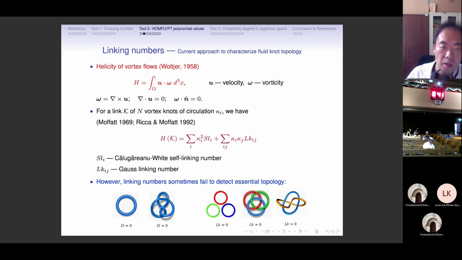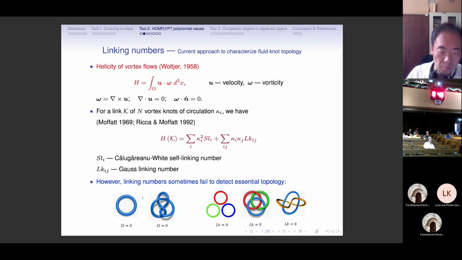So the triple integral is turned into simple algebraic counting of numbers, right? So this formula is so important, so useful. However, there is still some weakness within this formula because linking numbers sometimes fail to detect essential topology.